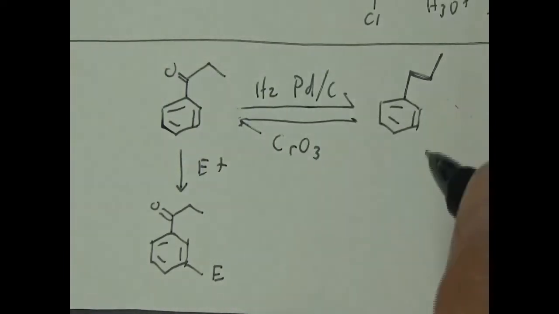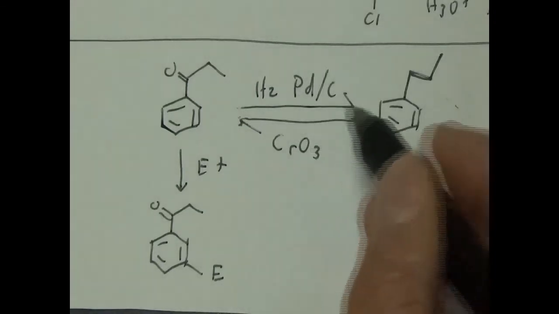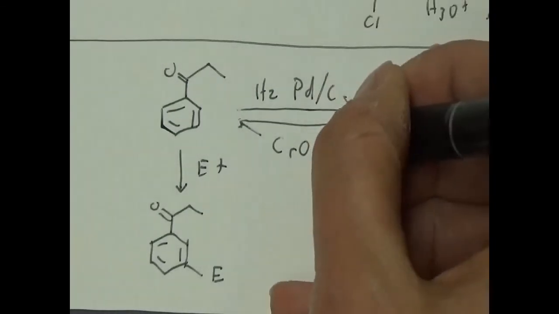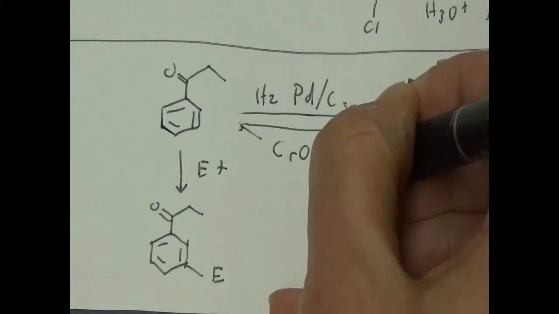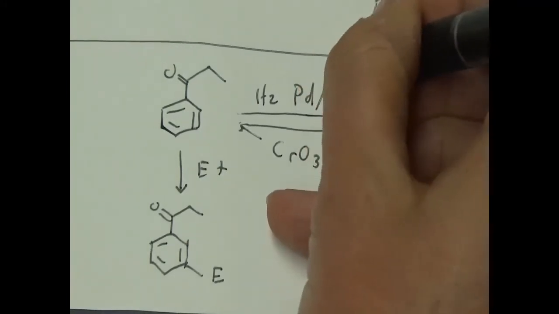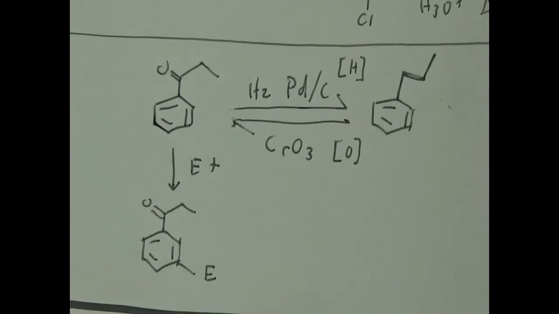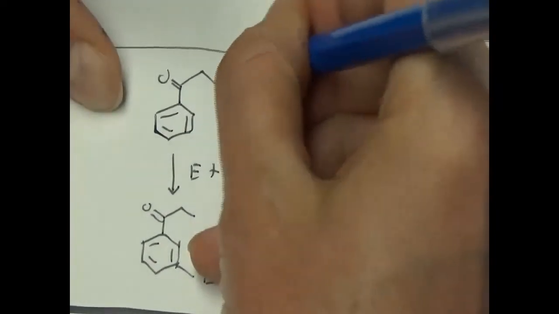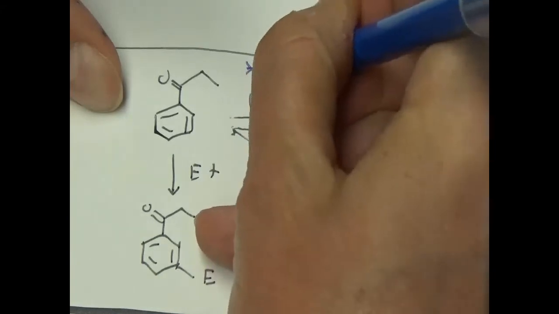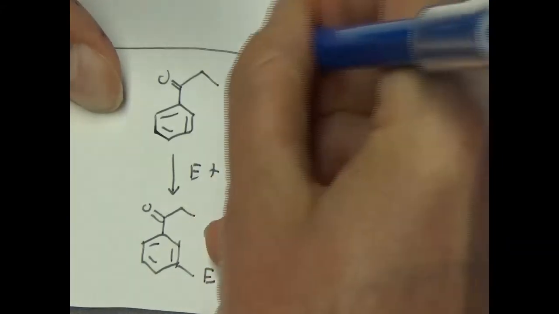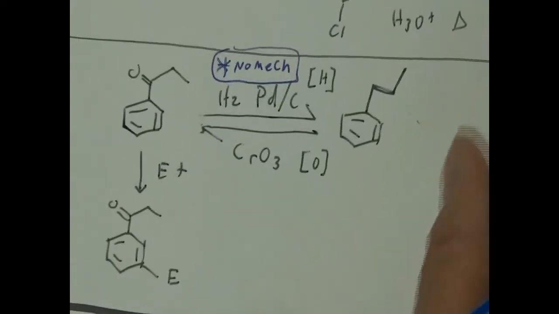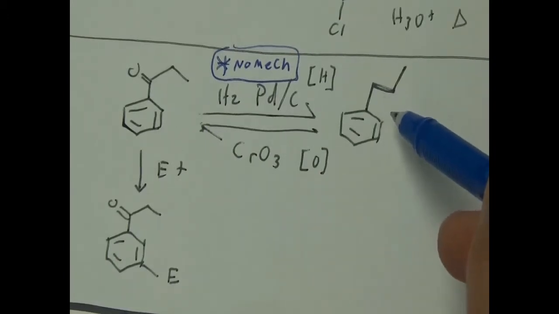I abbreviate these oxidizing and reducing conditions with bracket O bracket and bracket H bracket. No mechanism. Let's put a little note. No mechanism for either of these, so don't worry about mechanism for these steps. But now this is an ortho-para director.